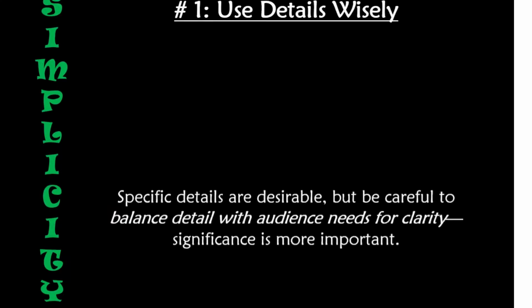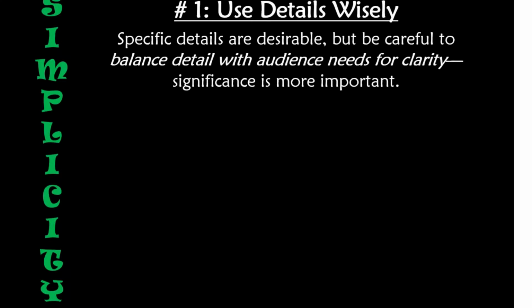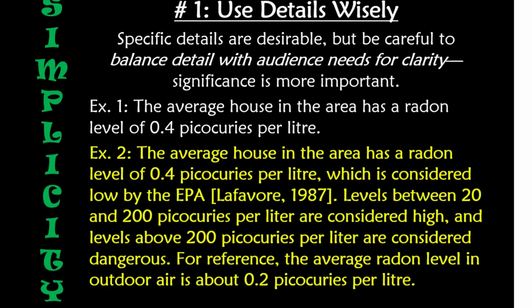Simplicity. Number 1. Use details wisely. Specific details are desirable, but be careful to balance detail with audience needs for clarity. Significance is more important. Two examples are all good, depending on the need of the readers.